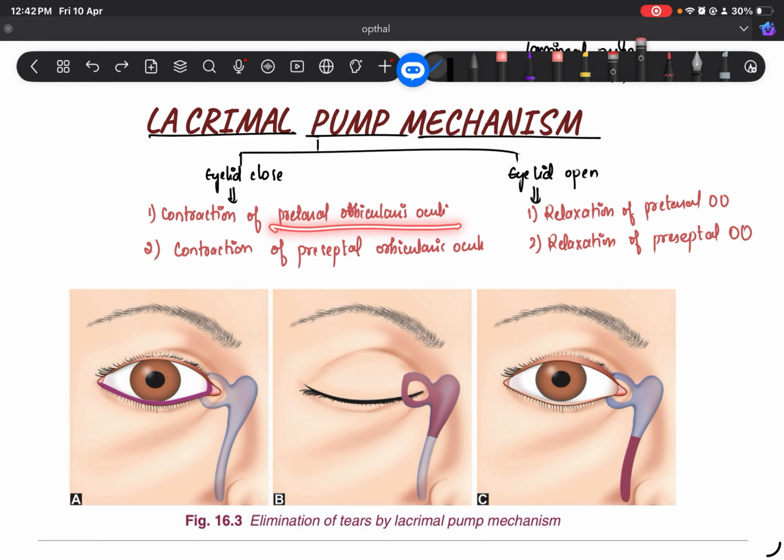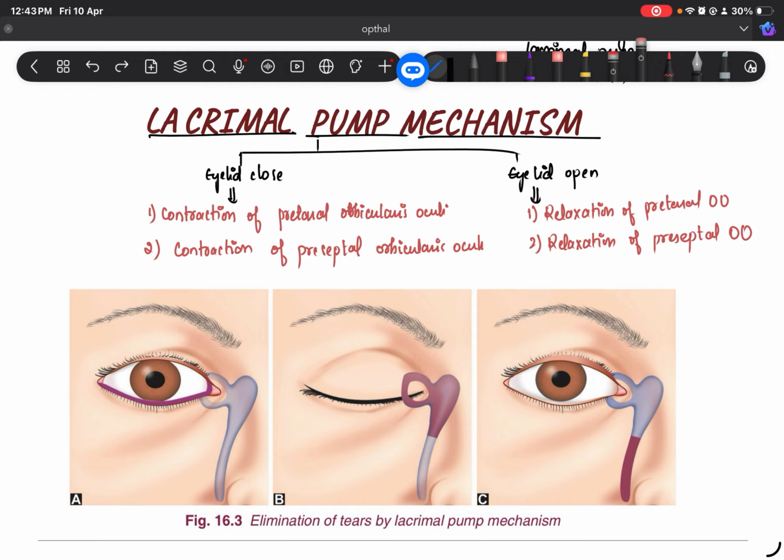In pretarsal orbicularis oculi, there will be movement of tears from the marginal strips to the canaliculi, and then movement of preseptal fibers descend the sac and create negative pressure, which drains the tear from canaliculi into the sac. Because of negative pressure, the tears will drain from canaliculi into the sac.